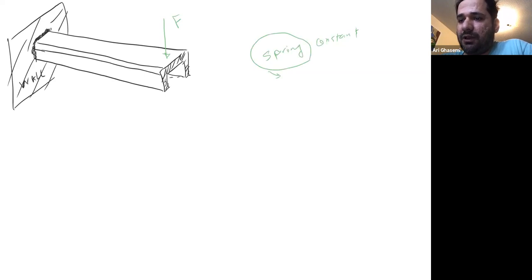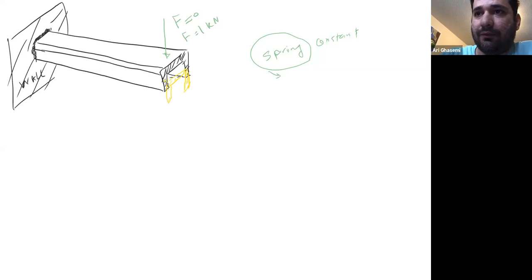Here's the basic definition. So you know that if this force F is applied, the first time F is 0, right? When you increase this F, let's say you increase it to 1 kilonewton, then what happens for this material? This material is going to nose down like that. You see it going down a little bit. And then you have some sort of cubic line for deflection.